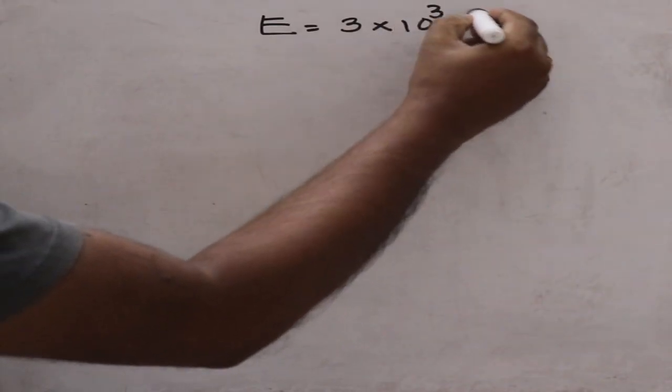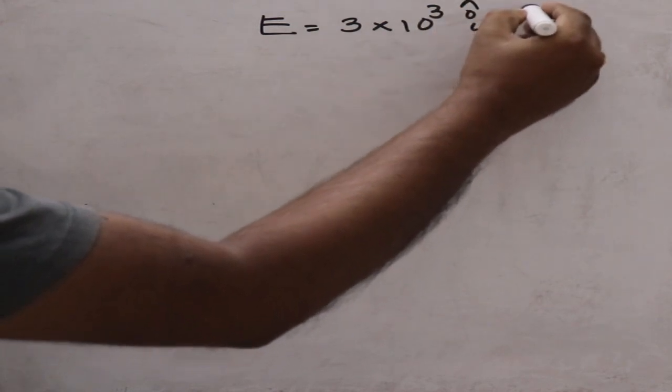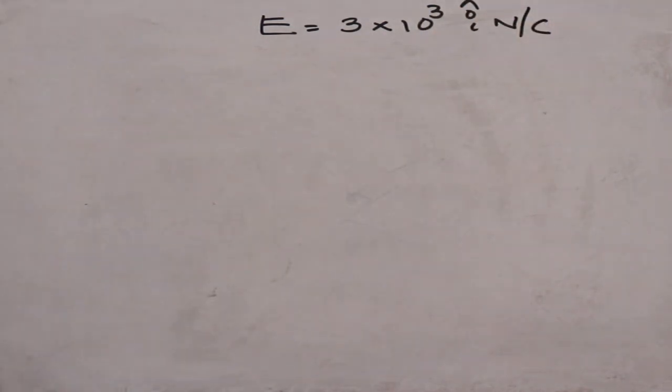Here the electric field is given in the problem. The electric field is E equal to 3 into 10 raised to 3 i cap Newton per Coulomb.